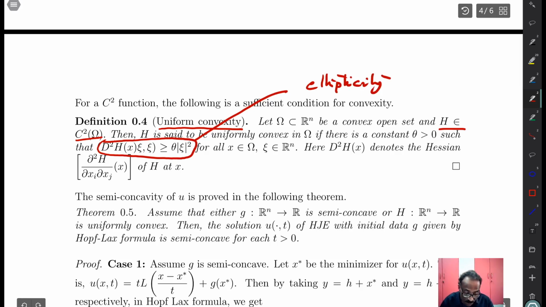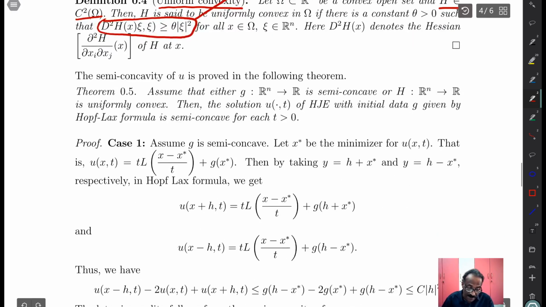A function h is called uniformly convex if this condition is satisfied. The d square h is nothing but your Hessian matrix, and the Hessian matrix satisfies this uniform ellipticity, where theta is a constant, for every psi in Rn. So d square h is like semiconvex. And here is the next theorem I want to state.